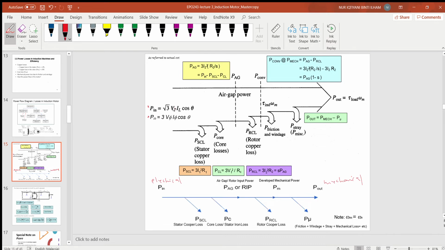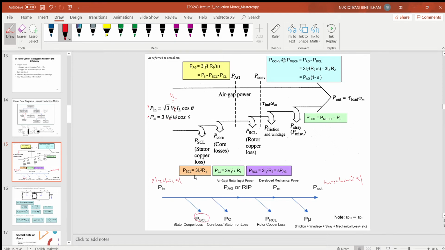If you want to use the line voltage value, VT here is similar to the line-to-line voltage, so you should use the line current value as well, and multiply by square root 3. If you want to use the phase value, you should multiply by 3.